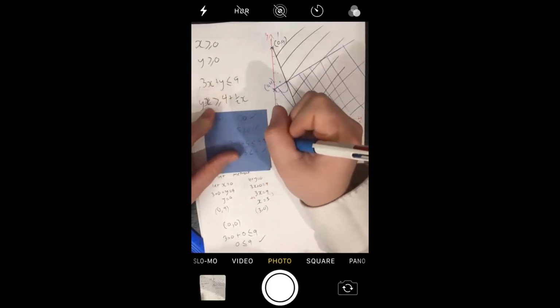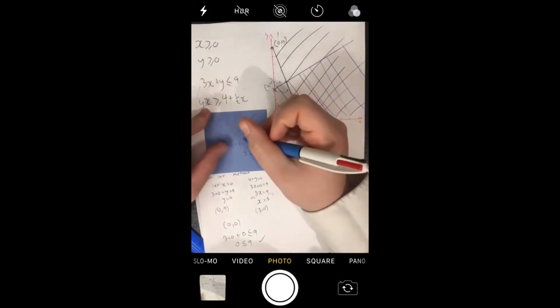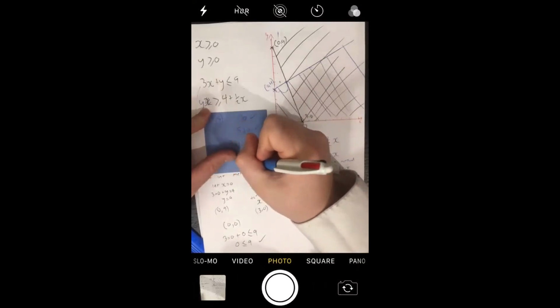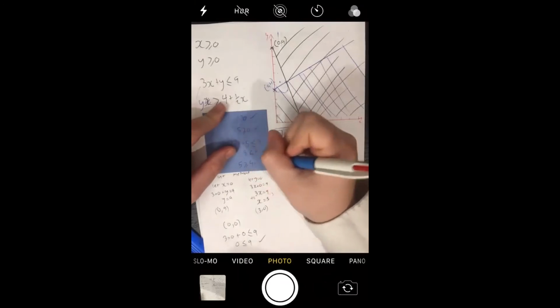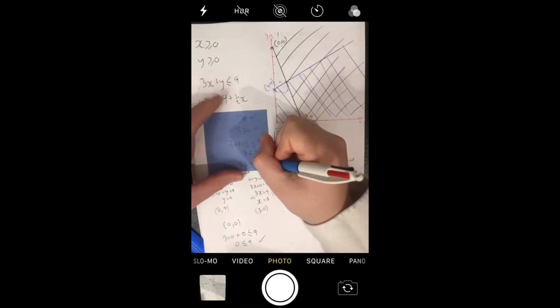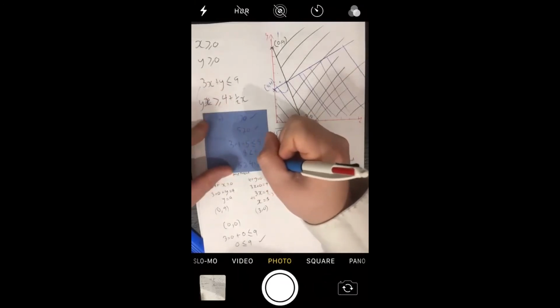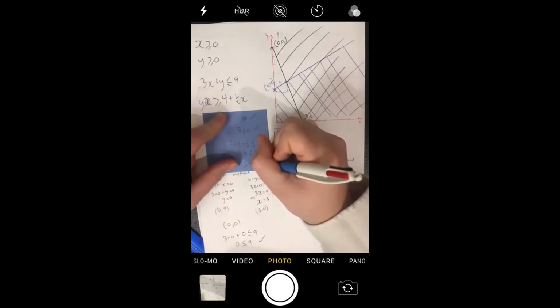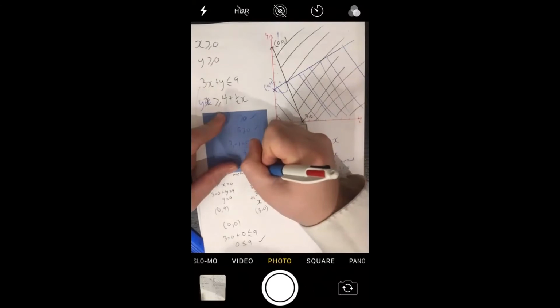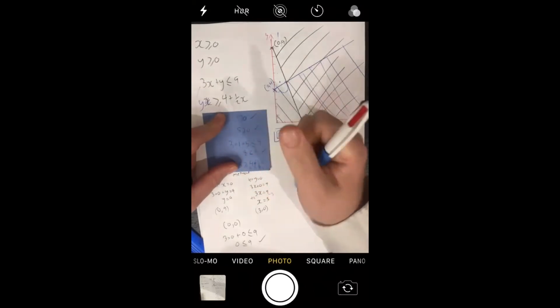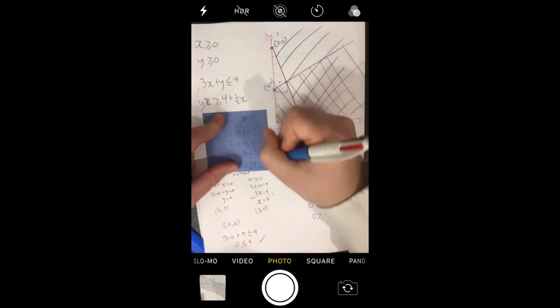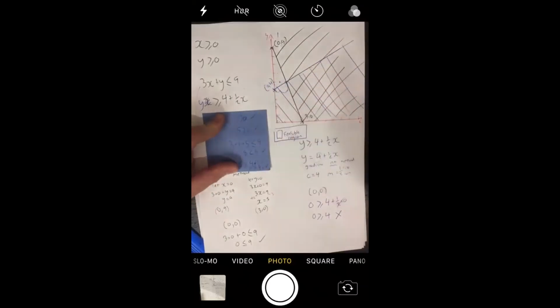Last one, is y, which in this case is 5, greater than or equal to 4 plus a half times 1, which means is 5 greater than 4.5? Yes, it is. So it ticks all 4 of those boxes. Jackpot.